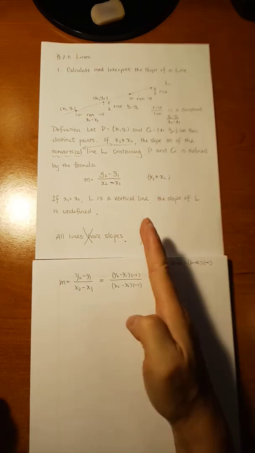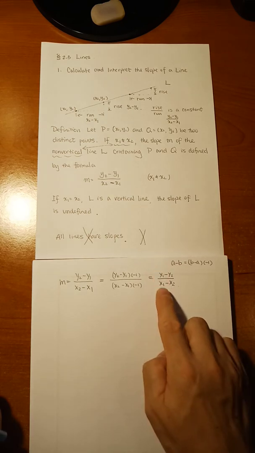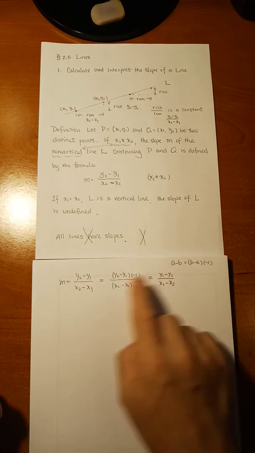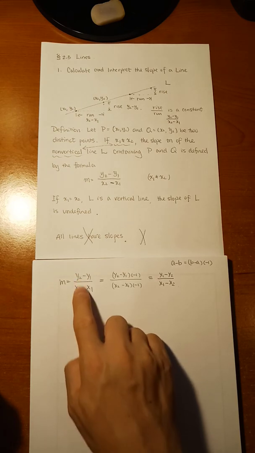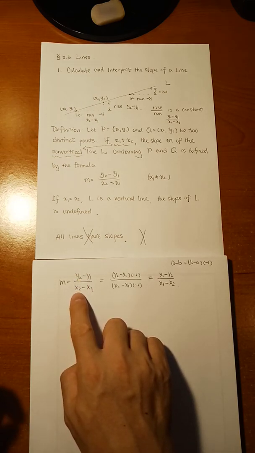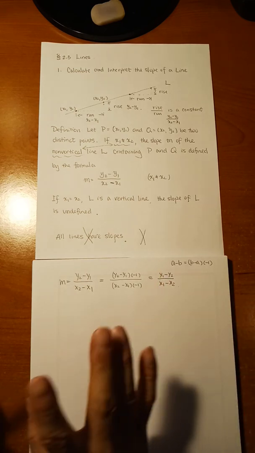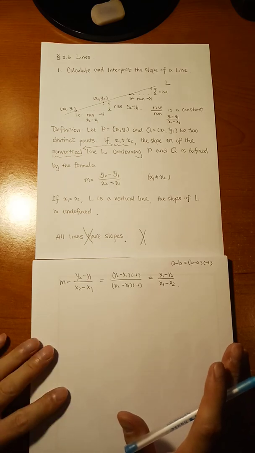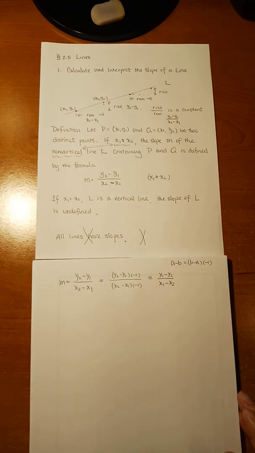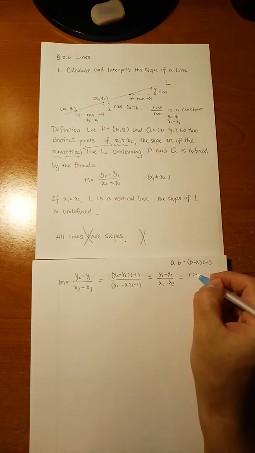If you choose 1 to appear first, then top and bottom both have 1 first. If you choose 2 first, then both are the coordinates of the second point, y2, x2, or y1, x1. You cannot mix them. If you mix them, that is wrong. Okay? So it is always rise over run.